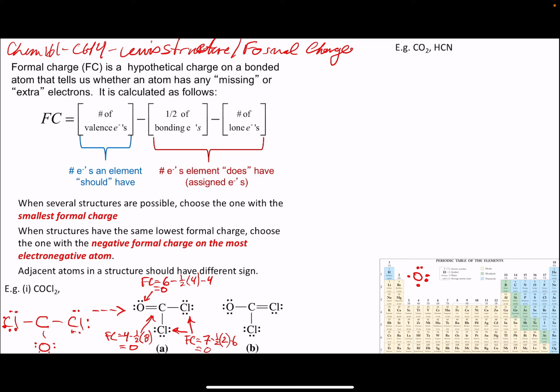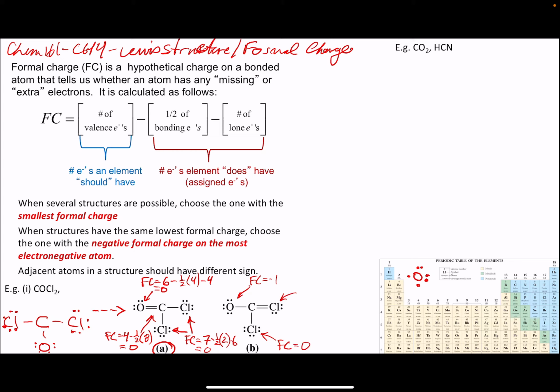Every center here has a formal charge of 0 for this option A. When we do other options, you'll see here that this formal charge ends up as formal charge equals minus 1. You'll see that this again looks like a previous chlorine that we've looked at. That's formal charge equals 0.